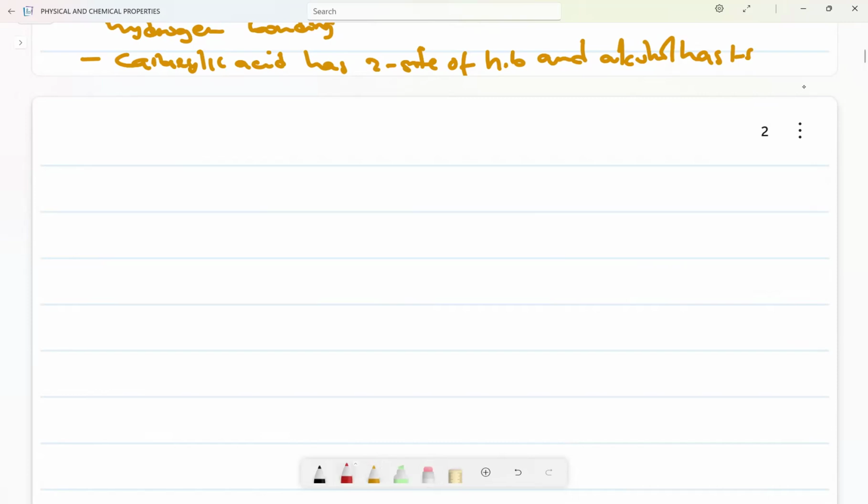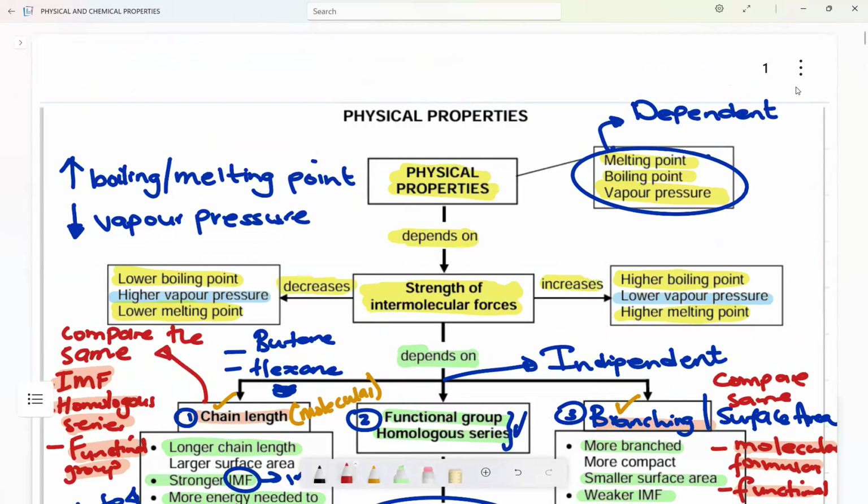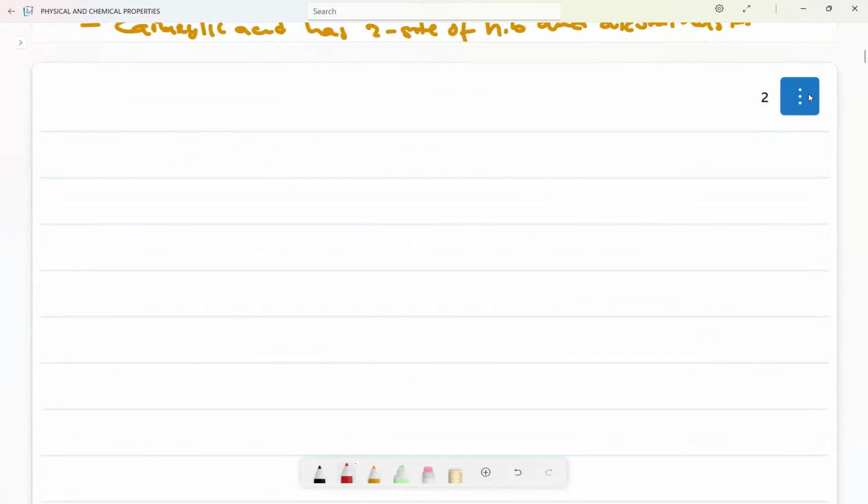Before I go there, we need to define boiling point, vapor pressure, as well as melting point. Let me define these concepts.